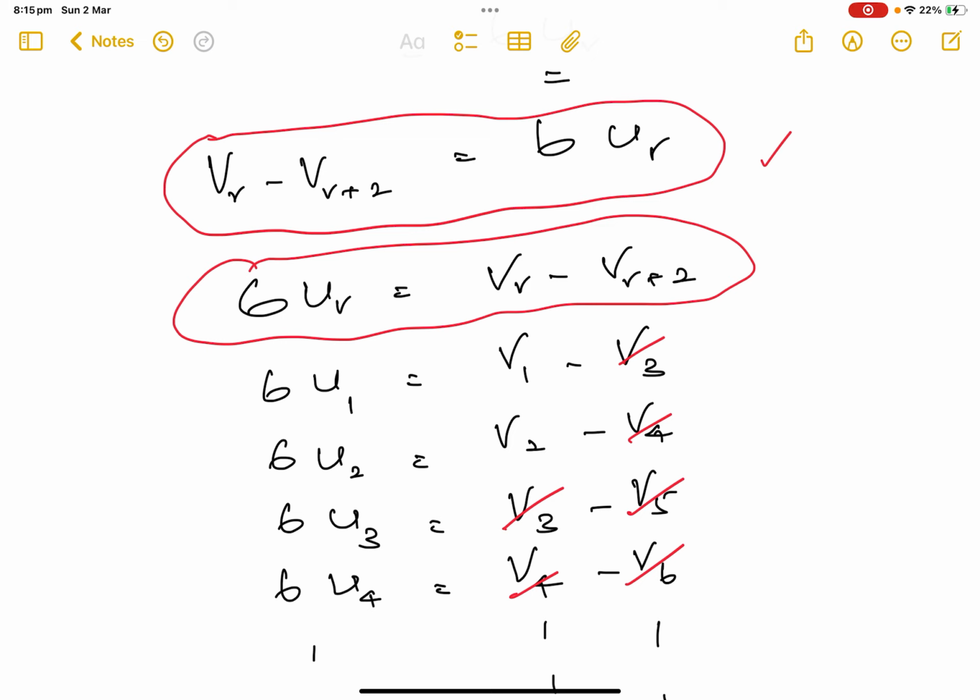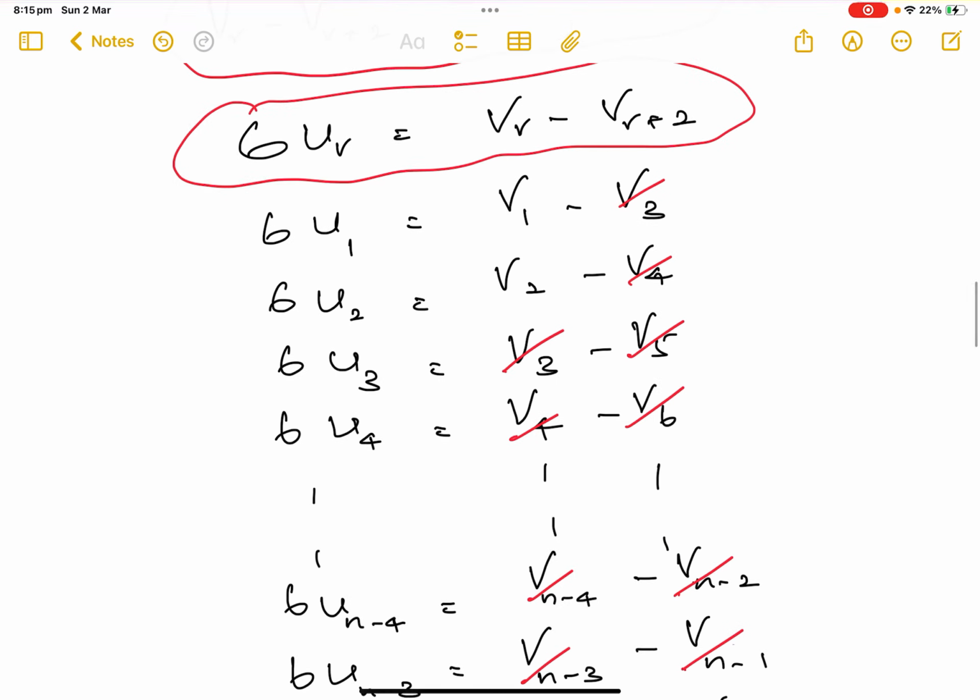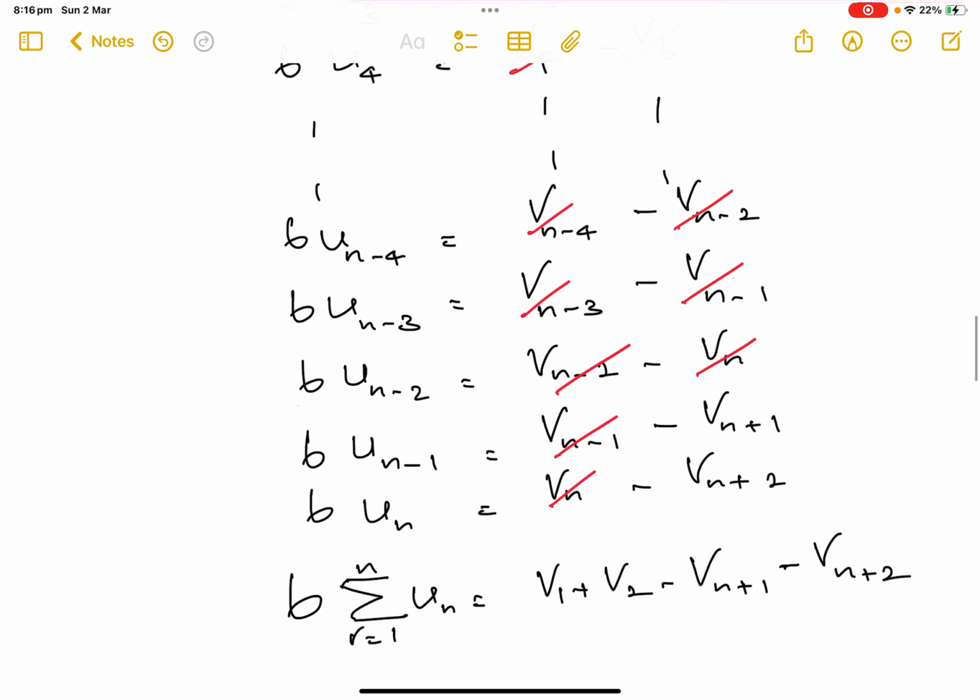Keep U_r on the left-hand side, and then V_r minus V_(r+2), simply starting from r equal 1, r equal 2, and so on. So 6 U_1 equals V_1 minus V_3. Then 6 U_2 is V_2 minus V_4. 6 U_3 equals V_3 minus V_5. And you can continue up to U_n.